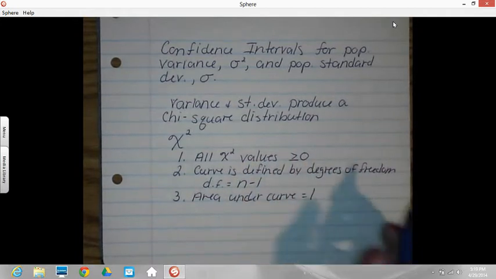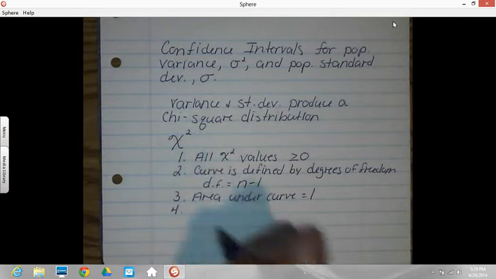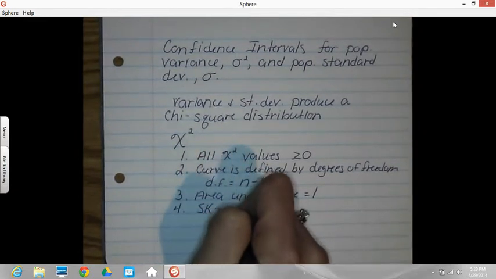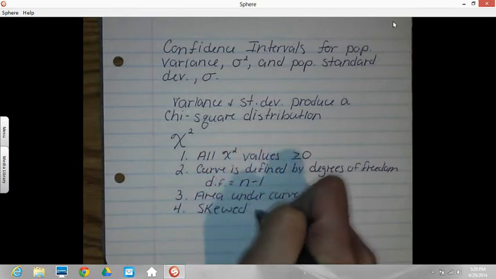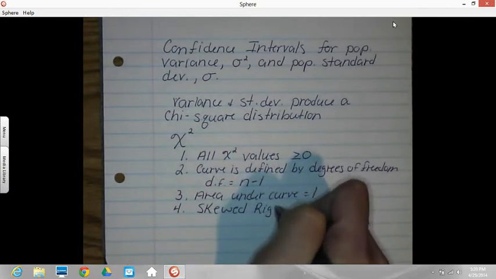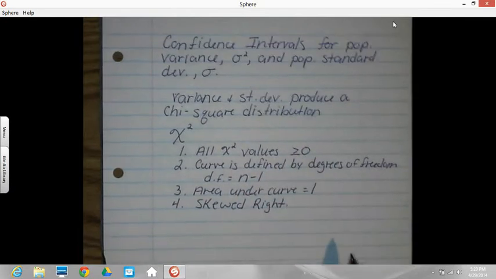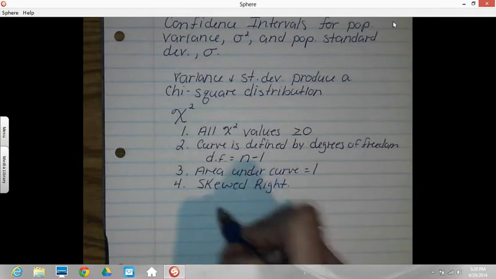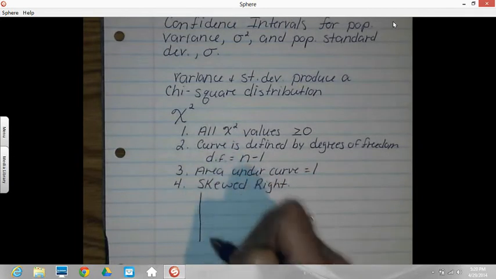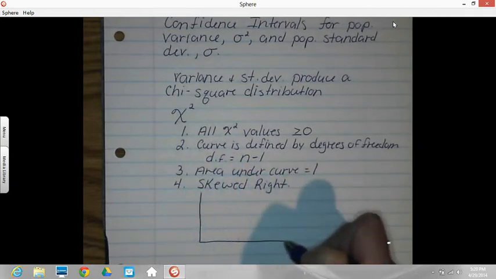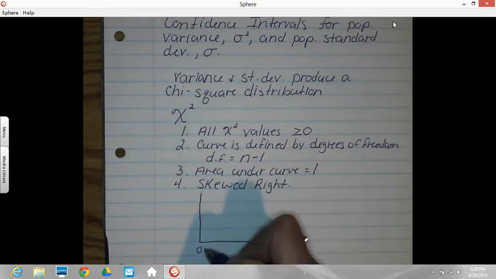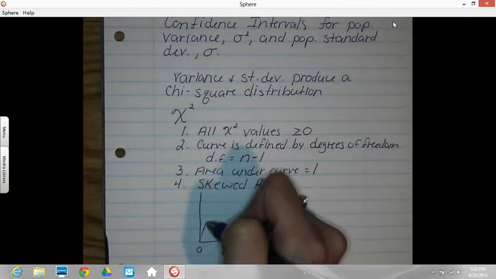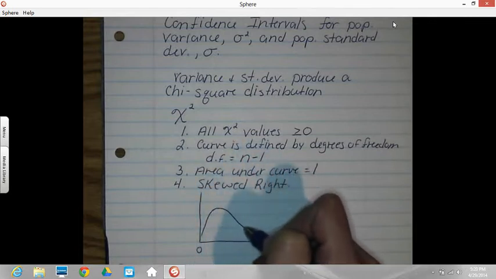And the shape of the distribution is skewed right. So if we were to graph variances, all variances from our sample or all standard deviations, we're going to get a graph that starts from 0 and goes out, and it's skewed right. So that means you've got more data at the beginning, tailed to the right.